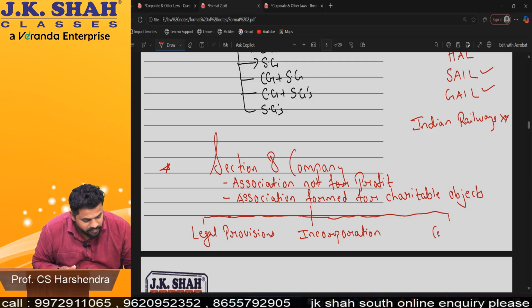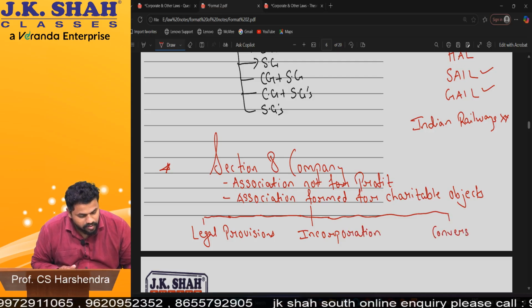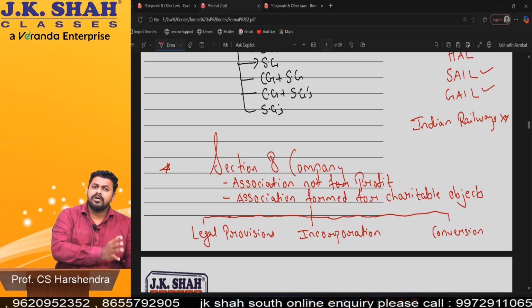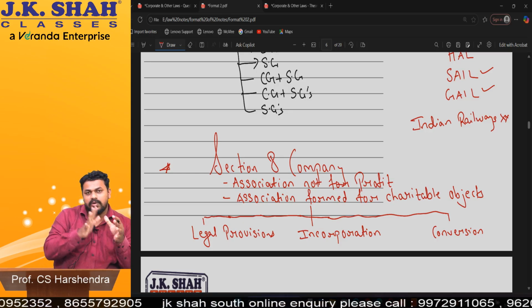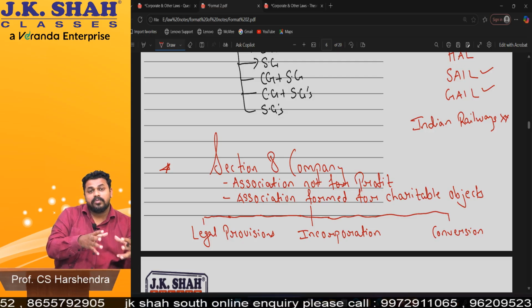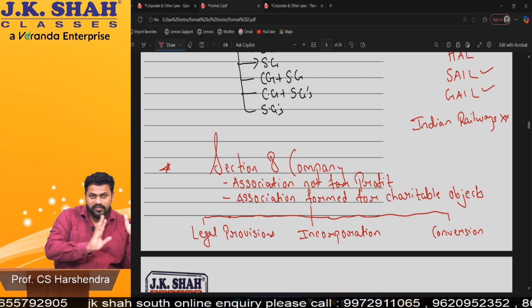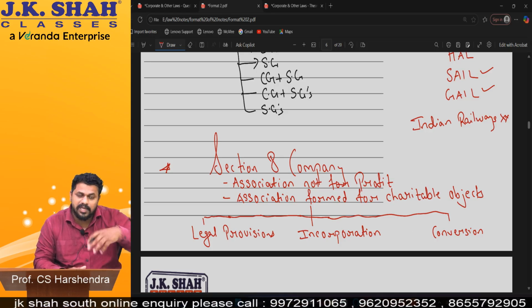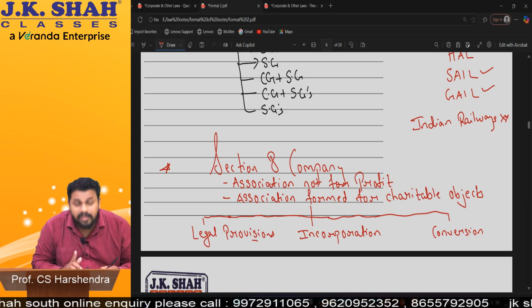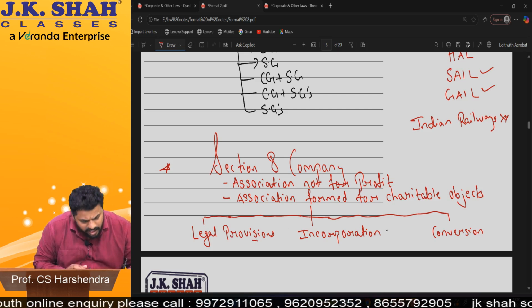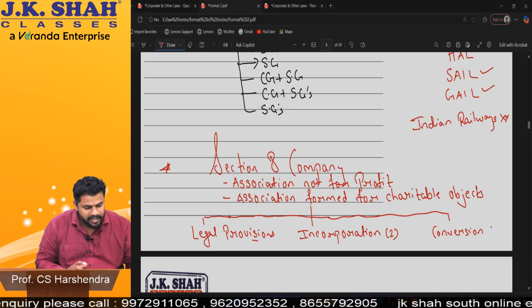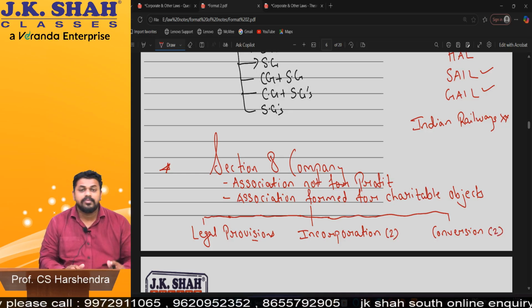And third is conversion: how to convert a Section 8 company, a non-profit company, into a profit-based company, means how to convert a company not for profit into a company formed for profits. Now first in this lesson 1, I'll be doing legal provisions. Incorporation will be done in lesson number 2, and conversion also after lesson number 2.